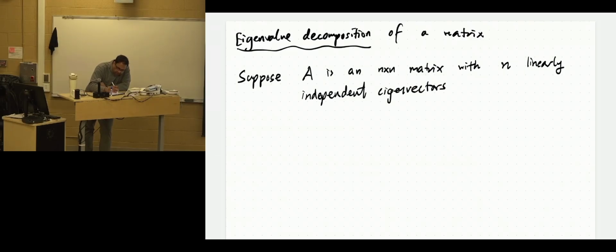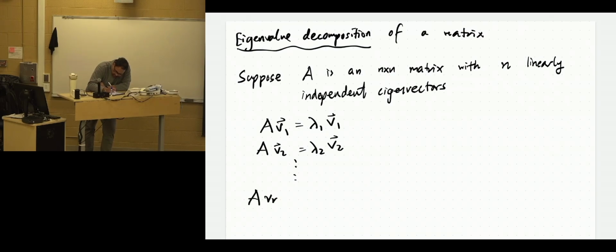So let's say A v1 equals lambda 1 v1, and A v2 equals lambda 2 v2, and A vn equals lambda n vn. Note that some of the lambdas could be the same. Like if this were the identity matrix, all of the lambdas would be equal to 1, for example. Okay?